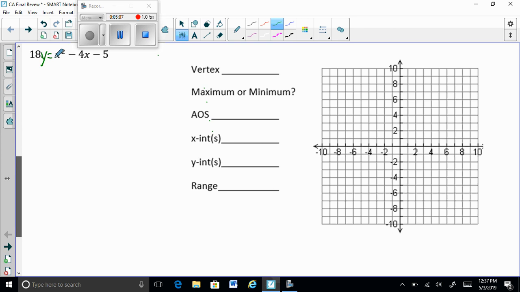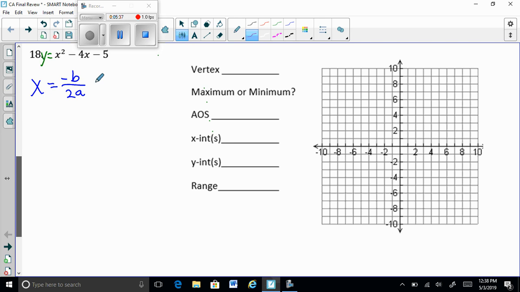You could manipulate this and put it into vertex form, but instead there's a little formula I showed y'all where you can do x equals negative b divided by 2a, and that'll give you the x value for your vertex. Once you do that, then you can plug that value in to figure out the y value of the vertex.